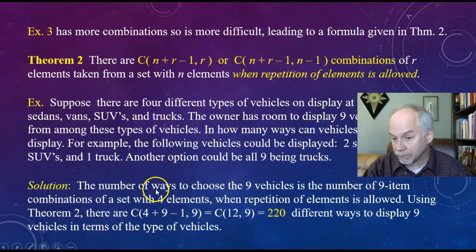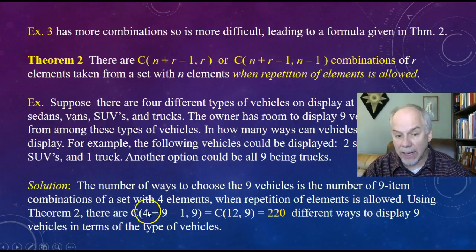So using theorem 2, there must be C of 4 plus 9 minus 1 comma 9. So that's using this first part of the formula. And so n is 4, r is 9, and then of course the r at the end is 9.